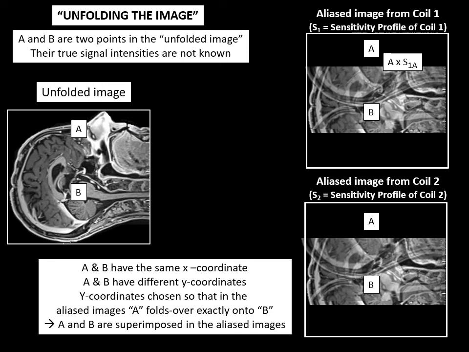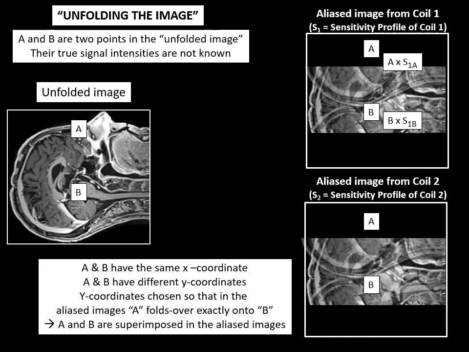Next, we don't know what the true signal intensity value is at point A, but whatever it is, we know that it will be influenced by the signal intensity profile of coil 1. The same is true for point B, in the aliased image from coil 1.